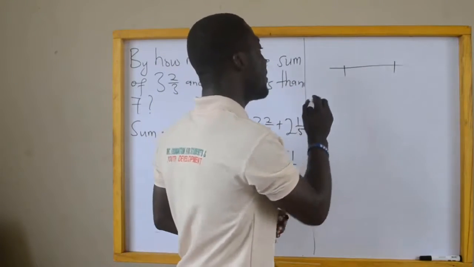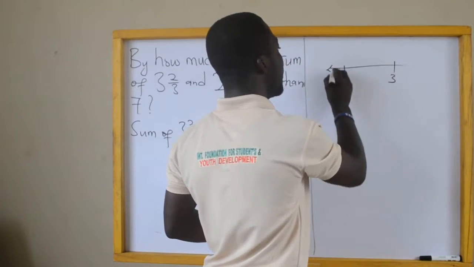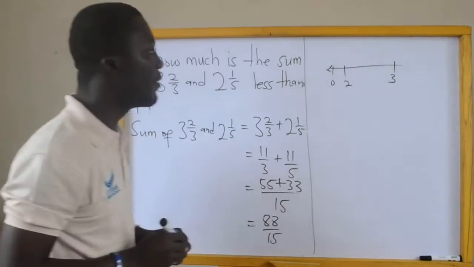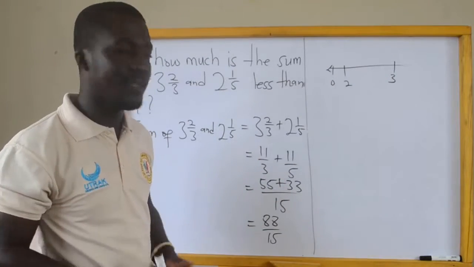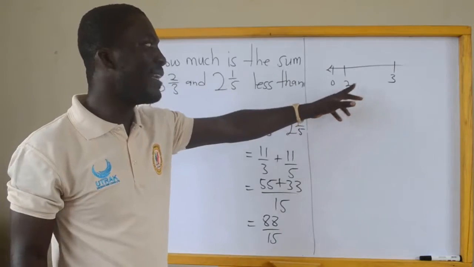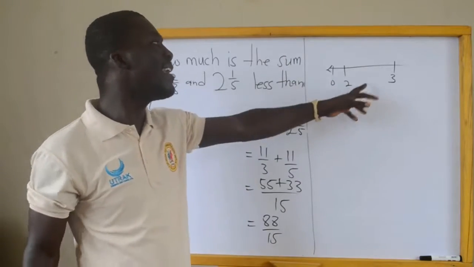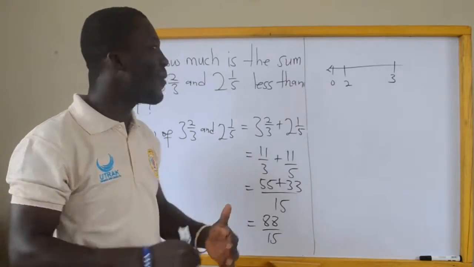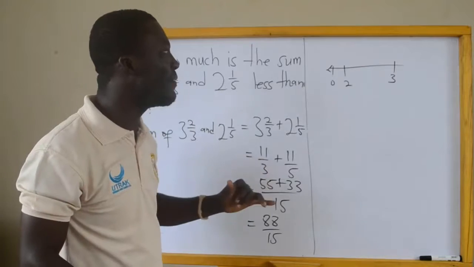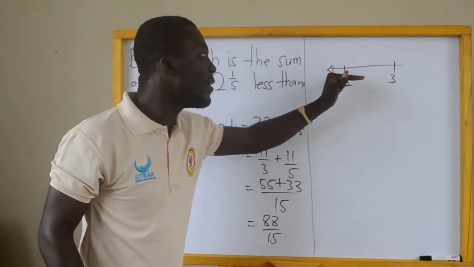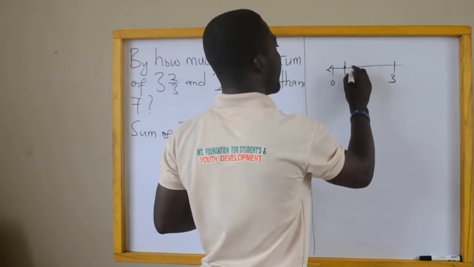Assuming we have 2 numbers on the real line, 2 and 3, and maybe here is 0, and you are asked, by how much is 2 less than 3, or by how much is 3 greater than 2? What the question is looking for is to find the interval between 2 and 3. So this is the interval we are talking about.